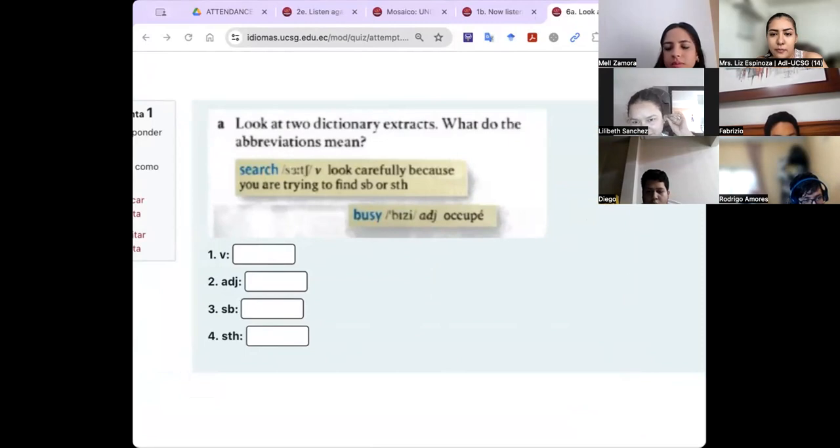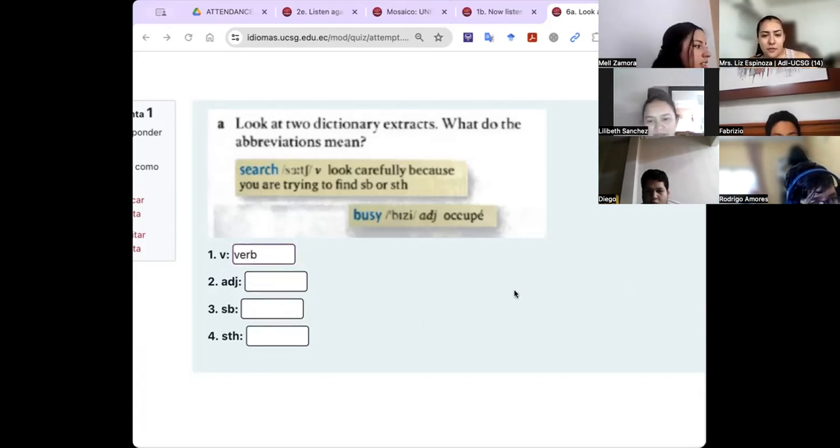V is for? Verb. Yes, very good. So let me copy and paste it. All right, what about the second one? Adjective. Let me use lowercase. Adjective, yes, adjective, very good. Don't forget that when you write adjective, it's ADJ, without J, okay?